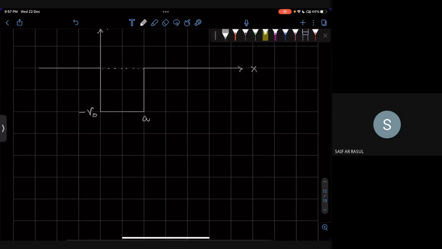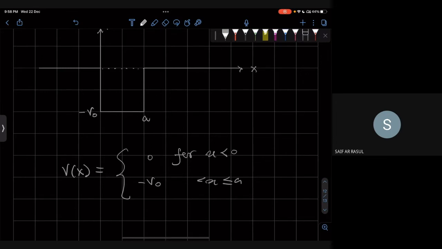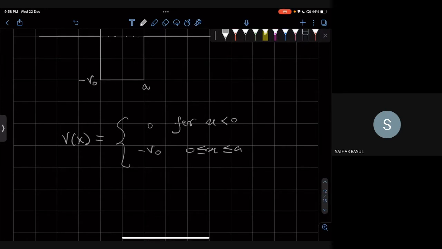Okay, so our potential is V of X is 0 for X less than 0, it's minus V naught for X between 0 and A, and it's 0 for X greater than A. Okay?